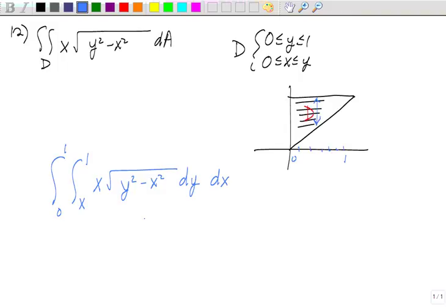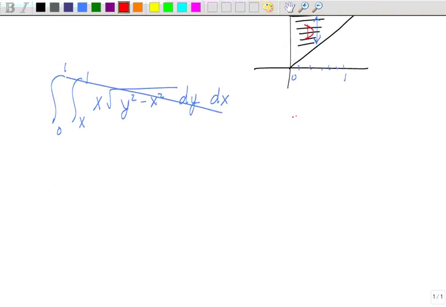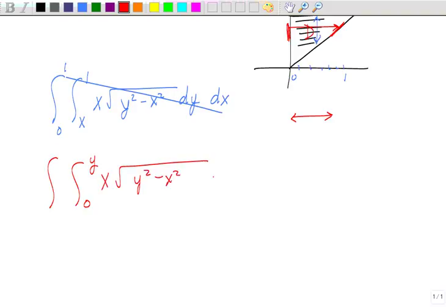Now we can't integrate that with respect to y, so we're going to try going this way. And so if we go that way, we have x going from 0 to y, and y goes from 0 to 1.